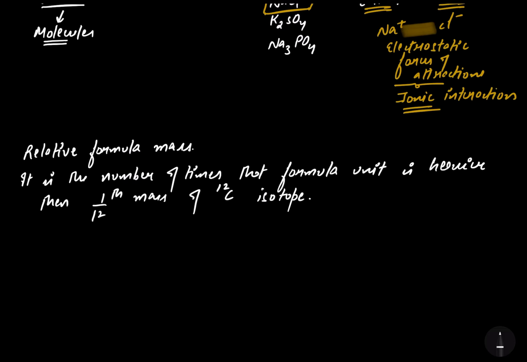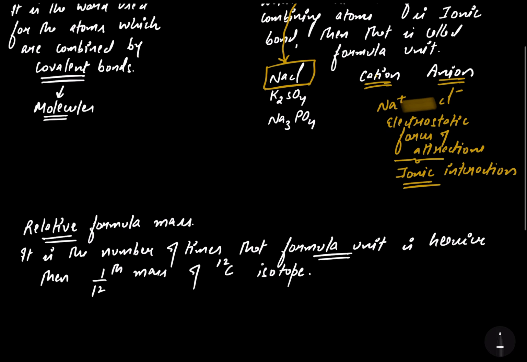Which formula unit? Any of the above. We have many formula units of ionic compounds. So it is the number of times that formula unit is heavier than 1/12 mass of carbon 12 isotope.